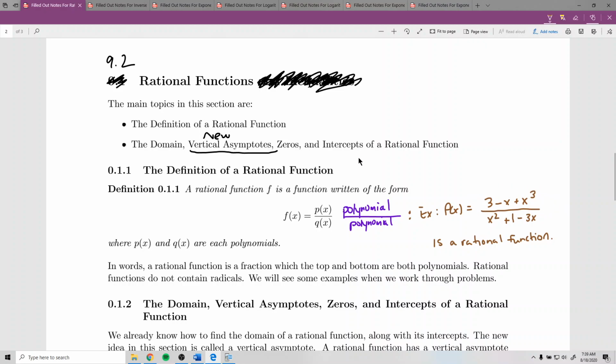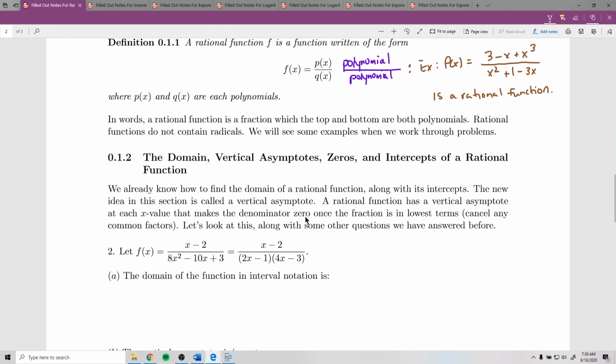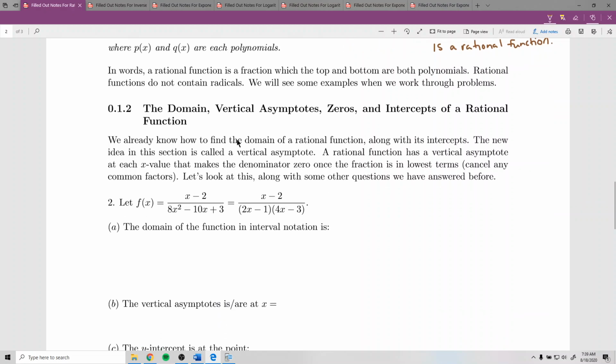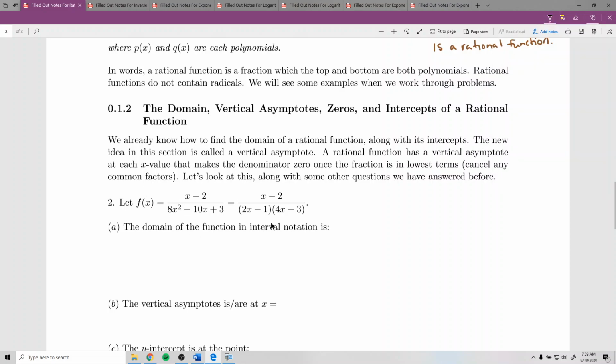We know how to find the intercepts of any function, so we can do that as well. But the new thing here, what are the vertical asymptotes? So what we'll do first is work through the algebra of this problem, and then I'll graph this function in the calculator so you can see what the vertical asymptotes look like and that they do match up.